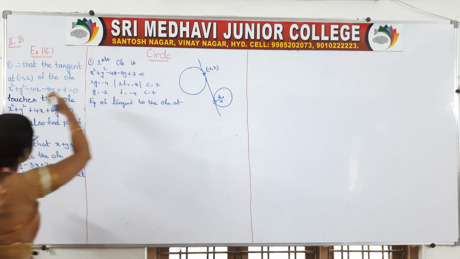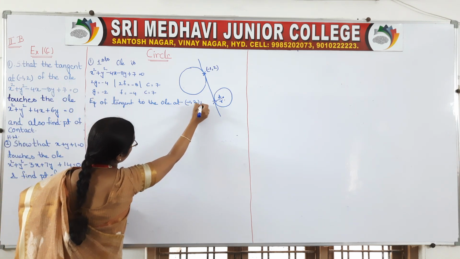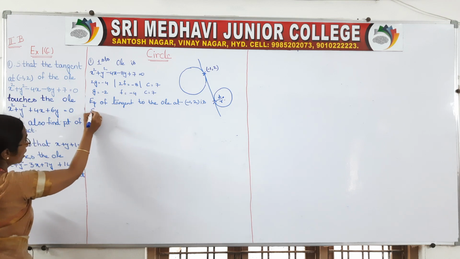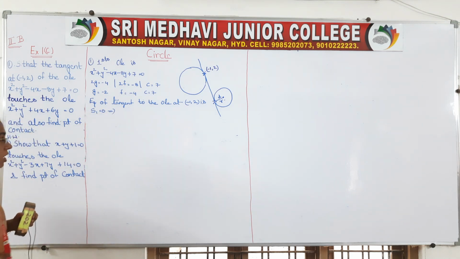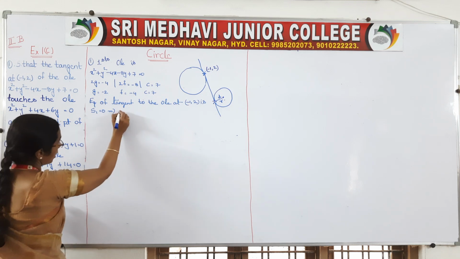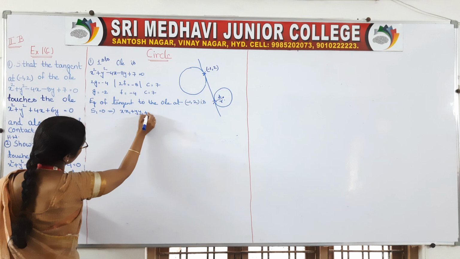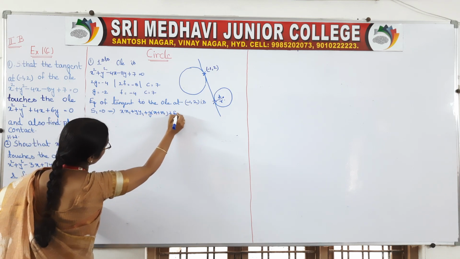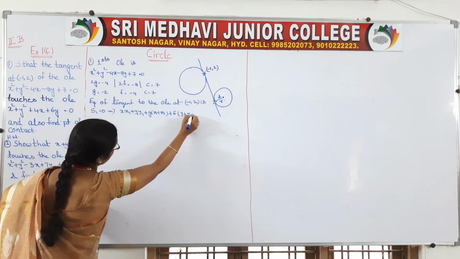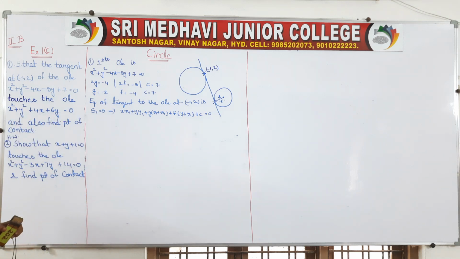The point given to us is (-1, 2). What is the formula? S1 is equal to 0. What is the formula of S1? It is x x1 plus y y1 plus g into (x plus x1) plus f into (y plus y1) plus c is equal to 0. We got all the values.